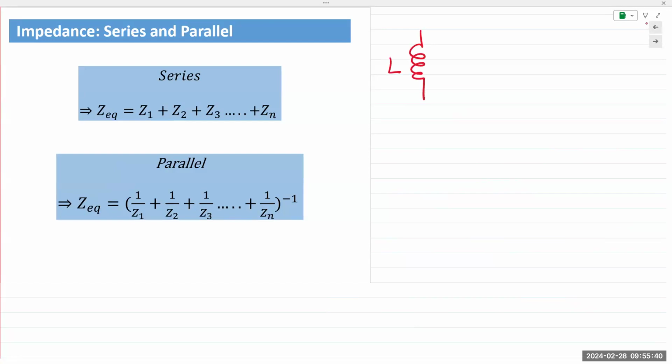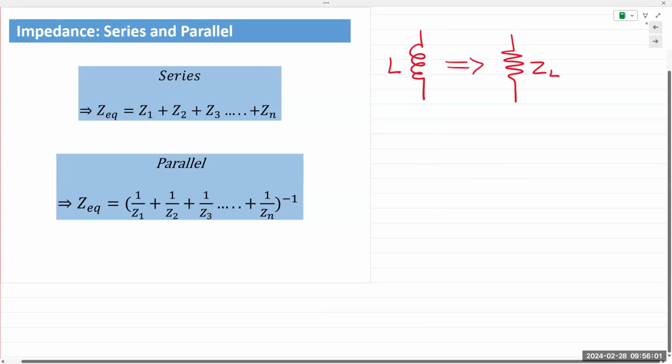The value of the inductor adds up the same way as resistors, but when we are talking about the impedance of the circuit, the impedance of an inductor is simply represented by that resistor symbol, ZL. And so is the case with a capacitor.